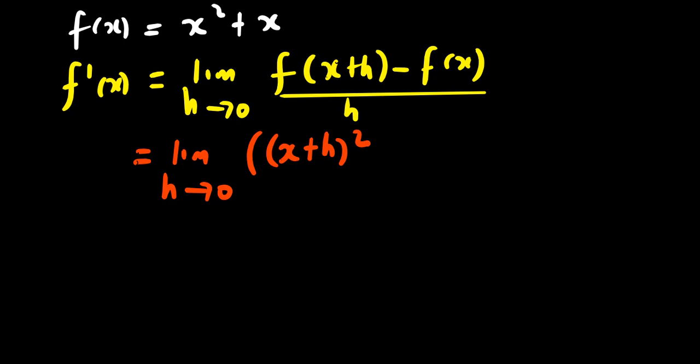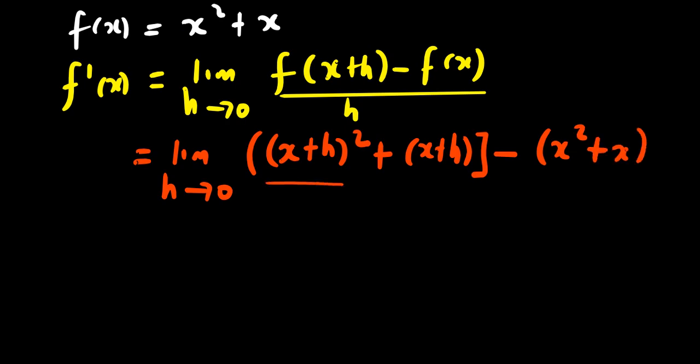Plus again there's another x, so I'm going to say x plus h. I'm done for the first expression. Now there's a minus here, so allow me to put the minus. f of x is the whole expression, which is x squared plus x. So allow me to put that x squared plus x, everything over h.